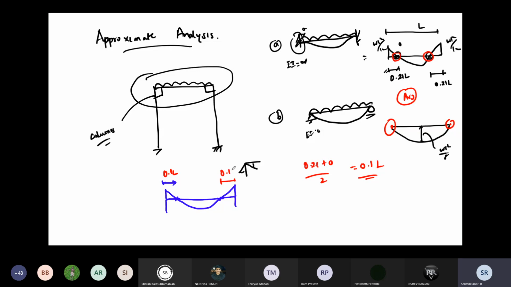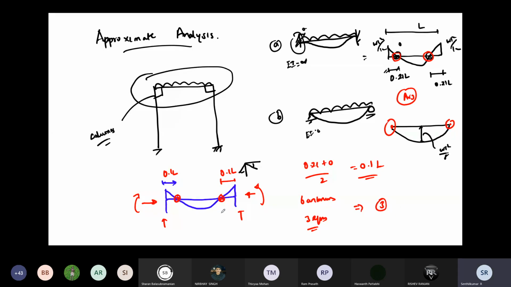What I'm doing is approximation: I'm applying zero moment here and zero moment here. Now we have three unknowns on each joint, so 6 unknowns and 3 equations, so the indeterminacy is 3.